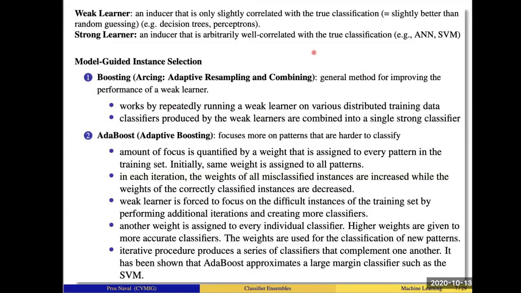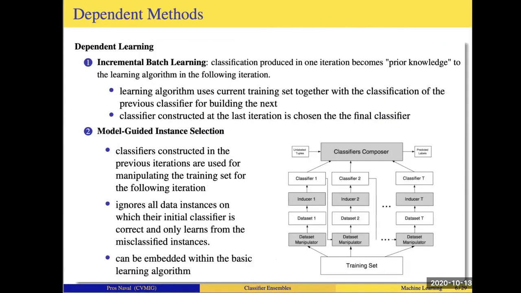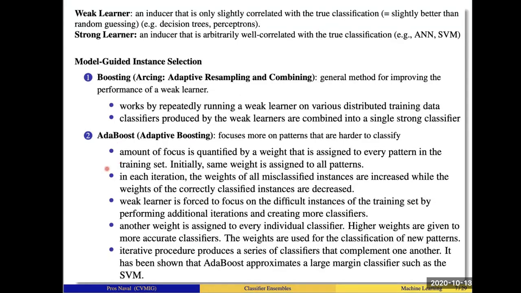So, many weak learners, slightly better than random, could actually, when combined properly, give you a strong classifier that is as strong or even better than your ANN or your SVM. So we're talking about this method, the model-guided instance selection process. Another example of that is called AdaBoost or adaptive boosting.